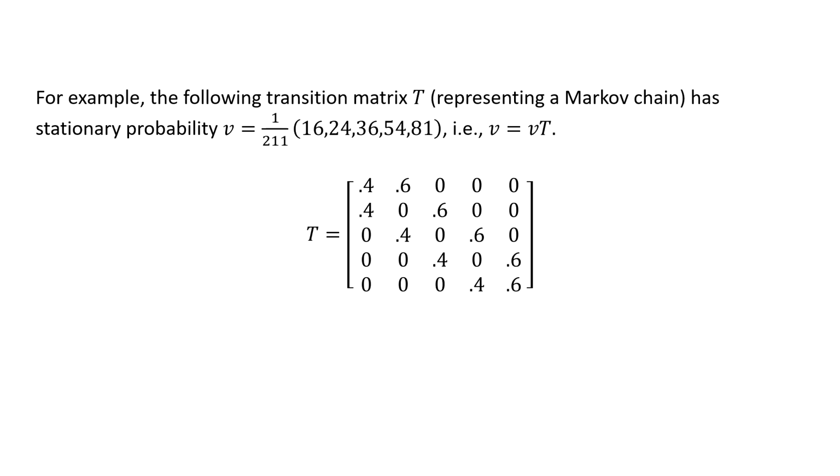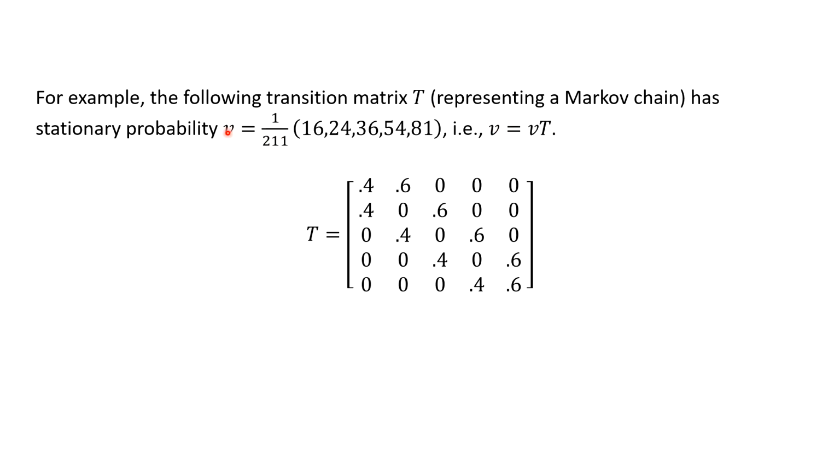So I have an example here of a stationary probability for a transition matrix representing a Markov chain. So here's our transition matrix. We can do a quick check. You can see each row adds to 1. And then I'm not showing you the calculations, but this row vector here satisfies this equation.